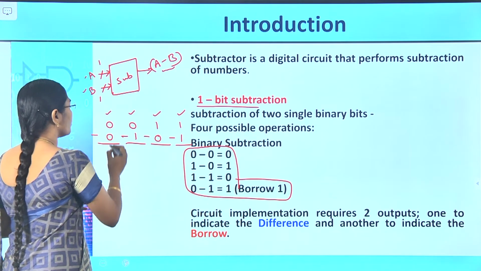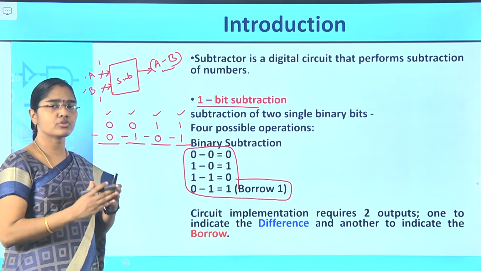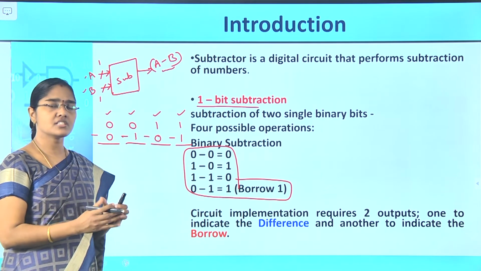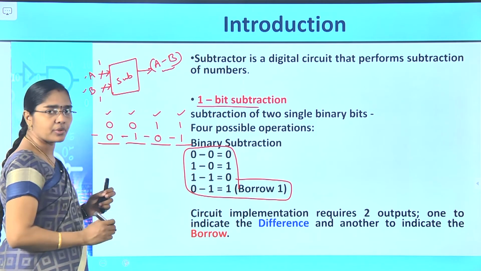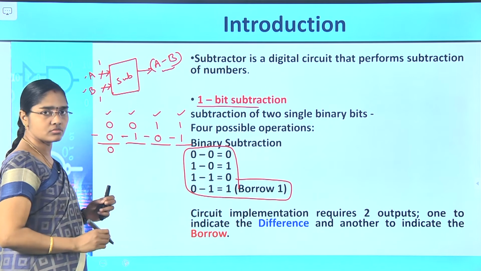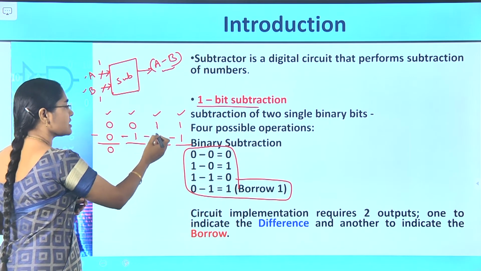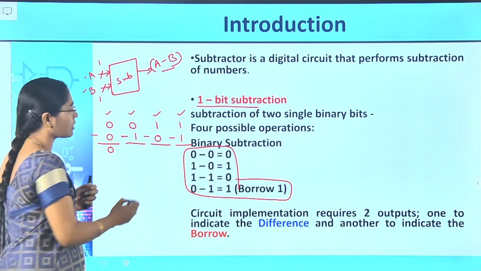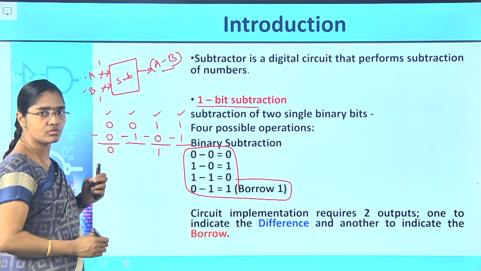When 0 minus 0, the subtractor always has two outputs: one is difference and another one is borrow. When 0, 0 are the inputs, borrow is not required, simply difference is equal to 0. Similarly, 1 minus 0, that is larger minus smaller, also needs no borrow, so the difference is equal to 1.